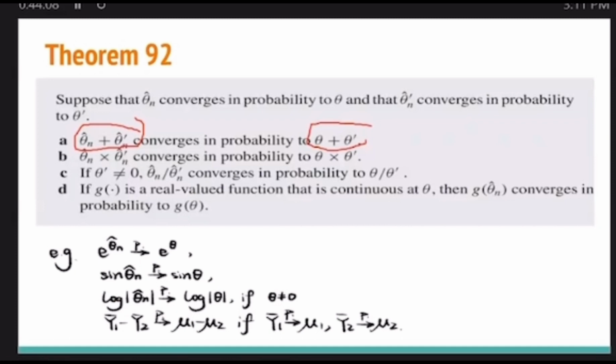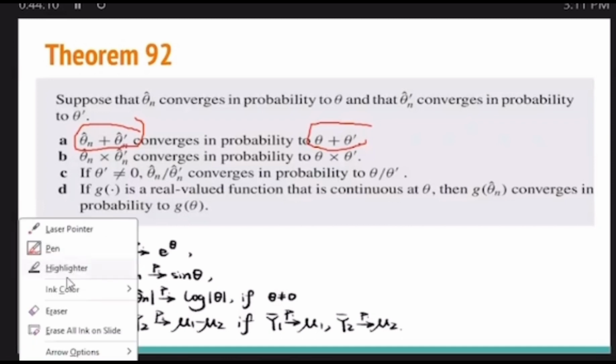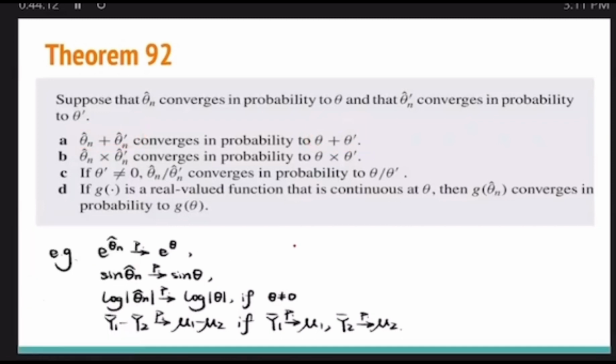Now, I'm going to give you one example. Take a look at g. If g is a real-valued function that is continuous at theta, then g of the estimator converges in probability to g of theta. We can have a situation where a function converges to another function, provided a random variable within this function converges to a random variable within.